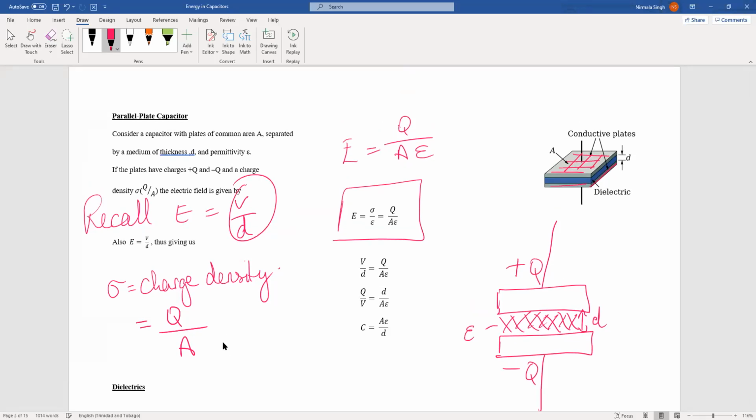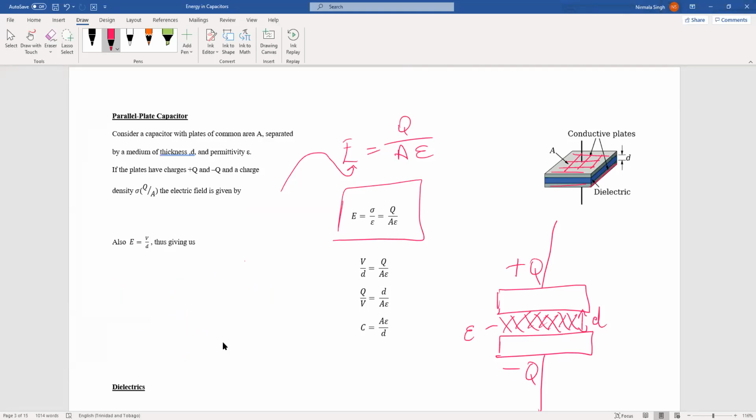We're going to substitute this term for E. So let's look here. We're going to end up with V over D is equal to Q over A epsilon. What we're going to do is bring our charge and voltage to one side. Why do we bring our charge and voltage to one side? If you know, we just did it.